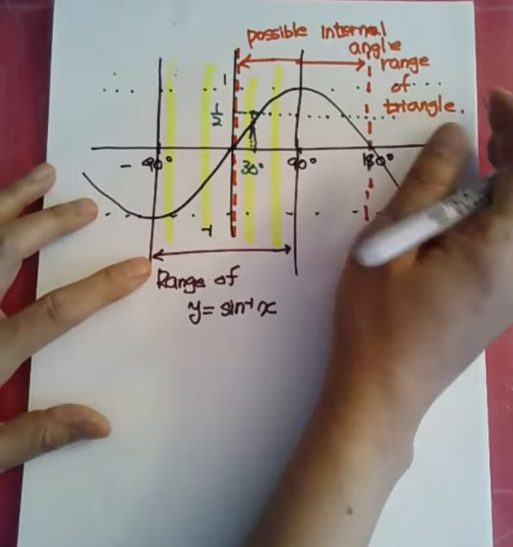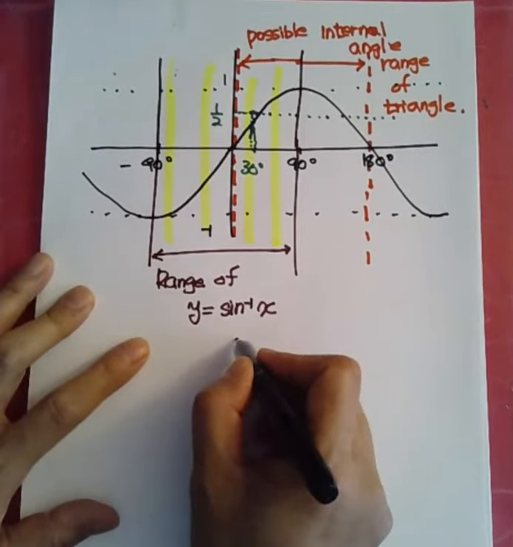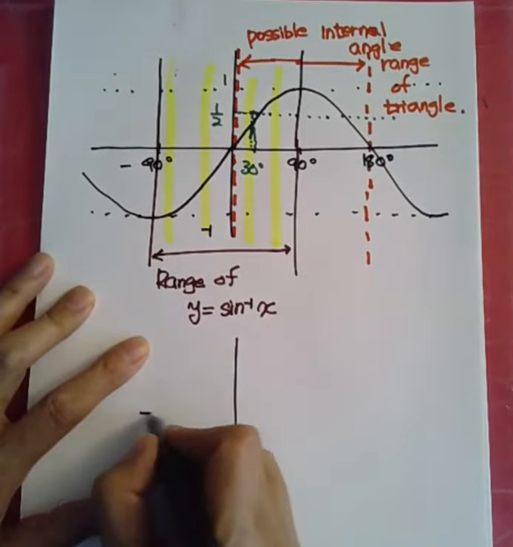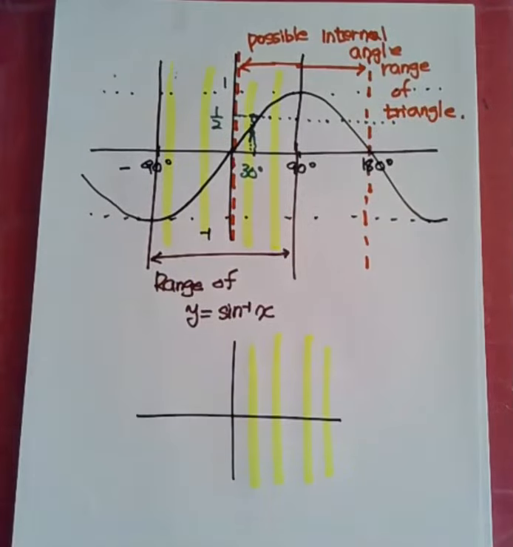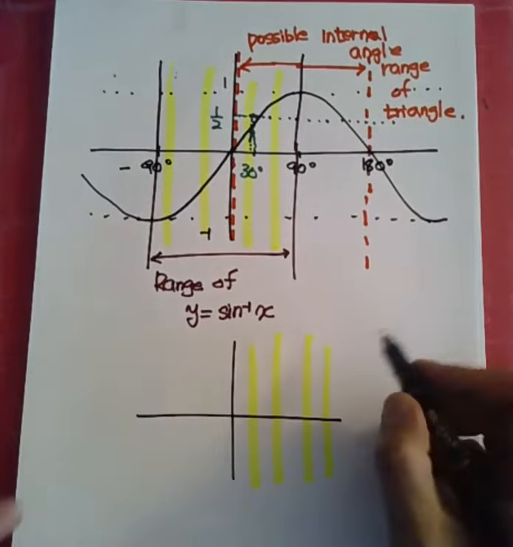Let's visualize the circumstance. This part is the range of y equals sine inverse of x. And we already got sine inverse of 1/2 is 30 degrees. Here is the 30 degrees.